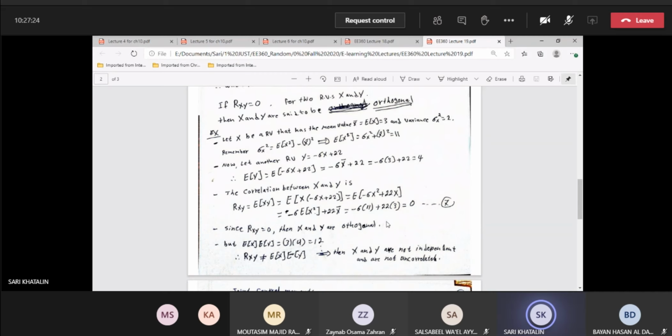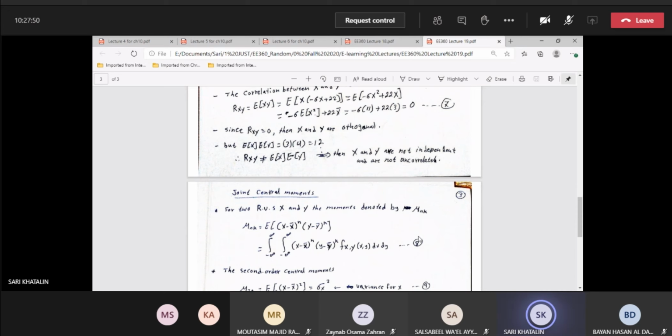Since it's not equal to 0, x and y are not uncorrelated. Which is obvious, because this is 0 and this is 12. Since we multiply the expectations by each other, we ended up with a number different than 0. They are not independent, and as a result, they are not uncorrelated either.